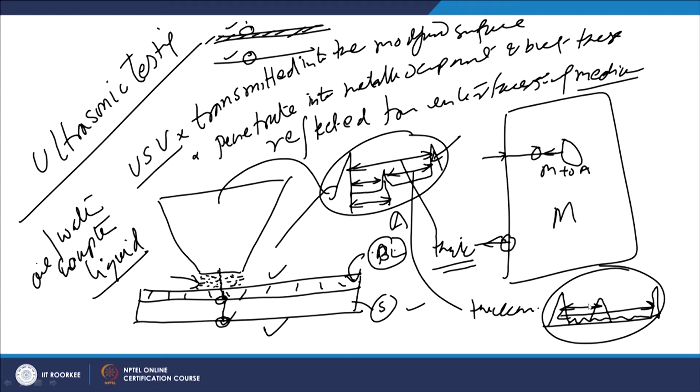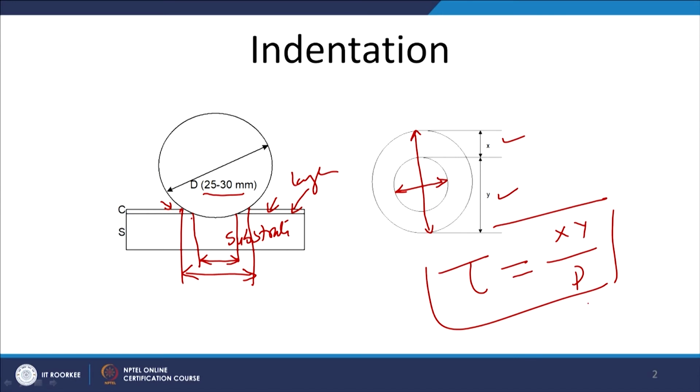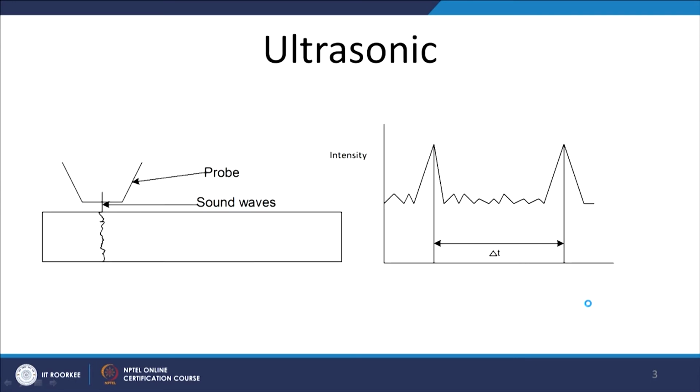So, this is what we can see here in the next diagram. When the ultrasonic vibrations probe is applied to the surface of the component, it will be applied through the coupler, and these vibrations will be transmitted.